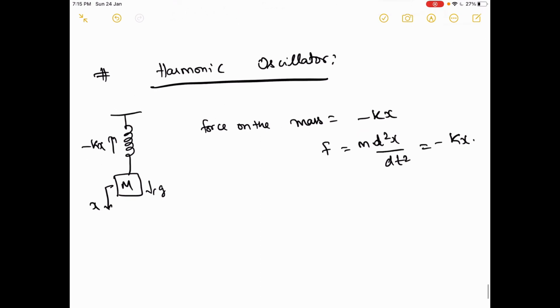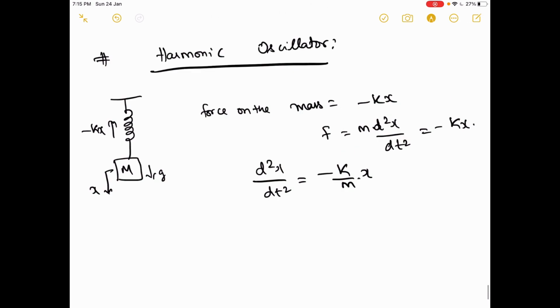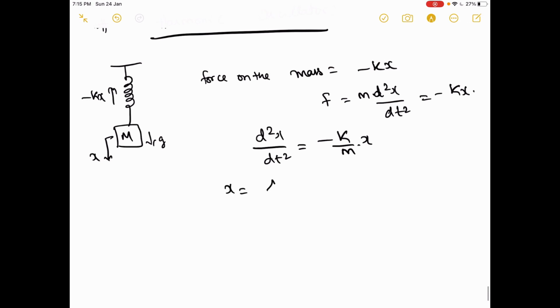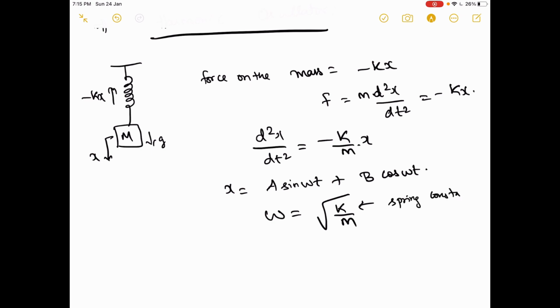And the equation is d square x by dt square is minus k by m into x, and the solutions are x is equal to a sin omega t plus b cos omega t, and omega is just root k by m. Again, k is the spring constant and m is the mass.